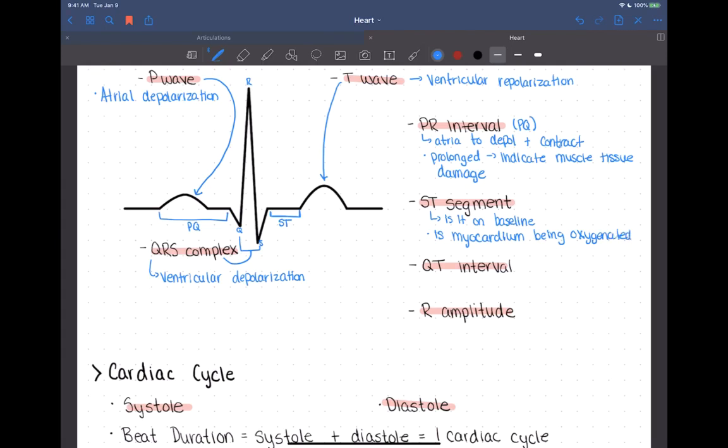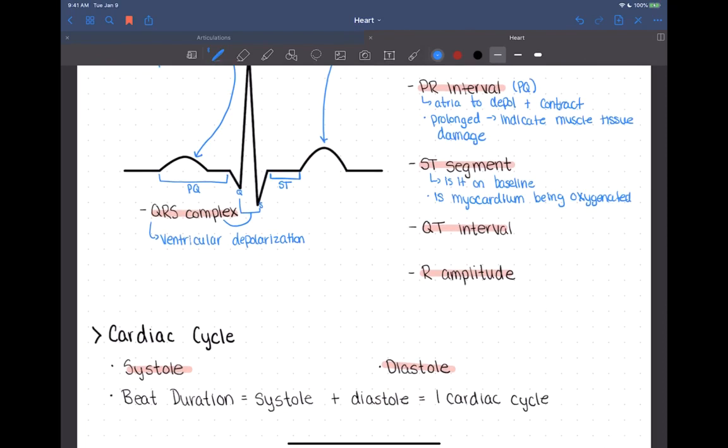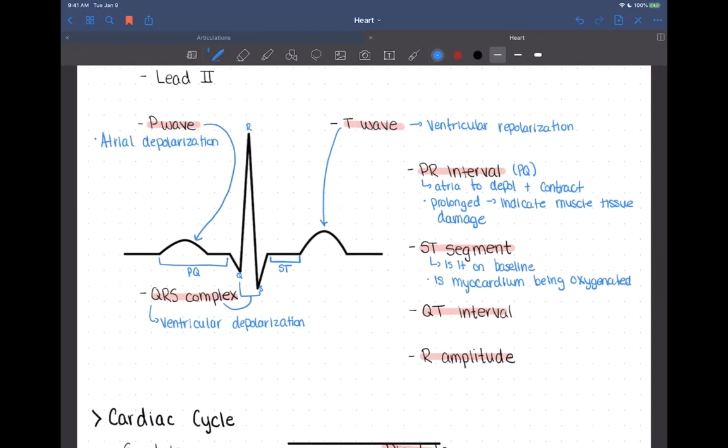And then we have the QT interval. I don't want to make a huge mess with a bunch of crossing lines, but it would go from Q here to the end of T out here. So that would be our QT interval.